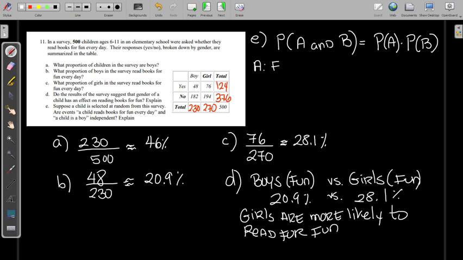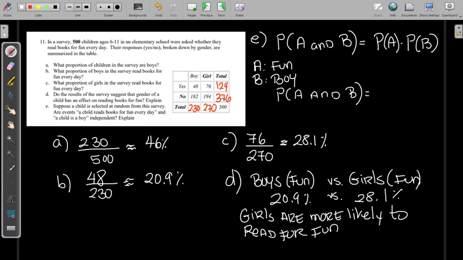So this is fun. B, it says that the child reads for fun is the first, a child, so it's not a boy, girl, it's just a child, and a child is a boy. So we're going to replace the values here to prove independency. So the probability of A and B, what is the probability of A and B?